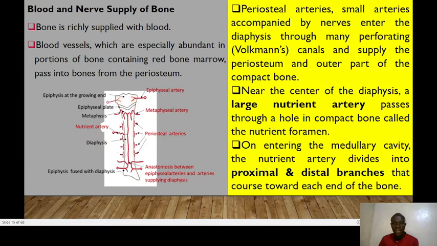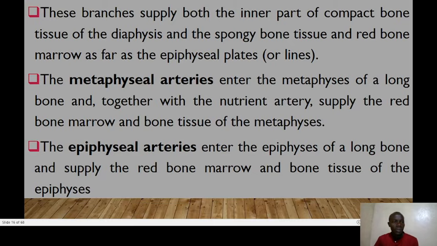On entering the medullary cavity, the nutrient artery divides into proximal and distal branches that course towards each end of the bone. These branches supply both the inner part of the compact bone tissue of the diaphysis and the spongy bone and red marrow as far as the epiphyseal plates or lines in adults.